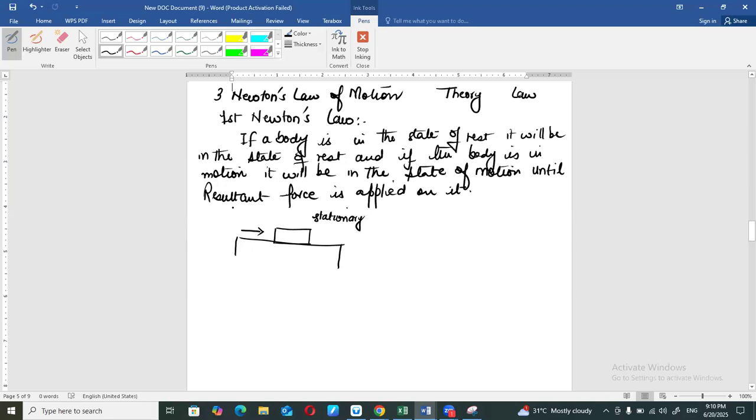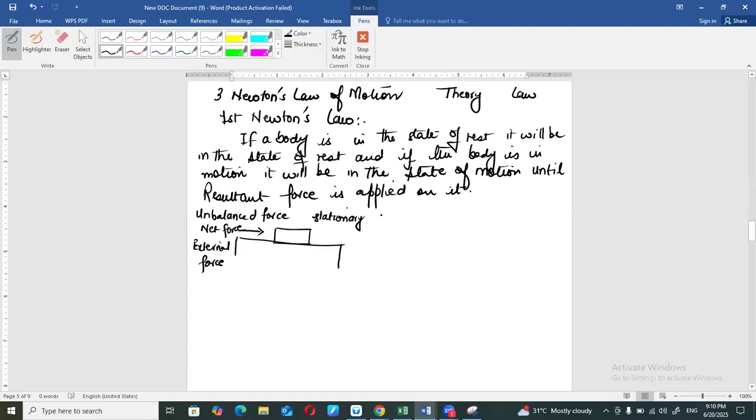Remember that other names of the resultant force are unbalanced force, net force, or external force. The question is, what special happens when the resultant force is applied? Technically speaking, when you apply the force, the object starts moving or tries to start moving.